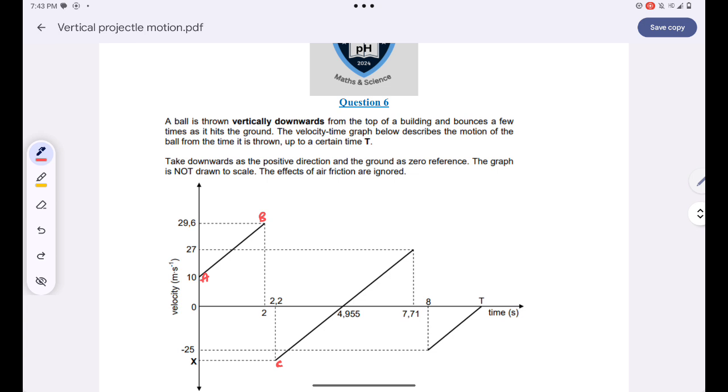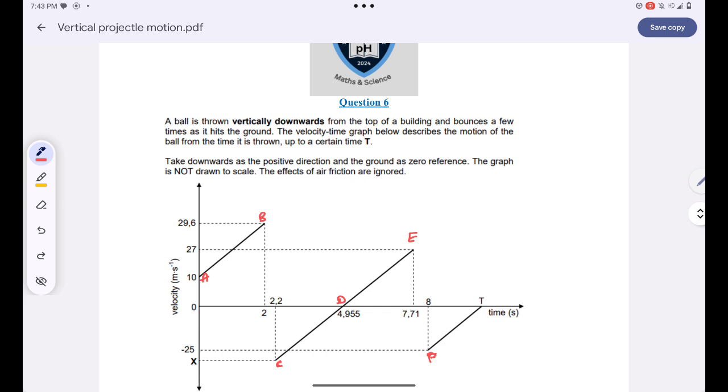Whenever your graph intersects the x-axis, please note that that's when your graph reaches a maximum height. So this will be point D, my maximum height. Point E, when the ball returns to the ground, and then point F, when the ball leaves the ground, and then it goes to maximum height at point T.